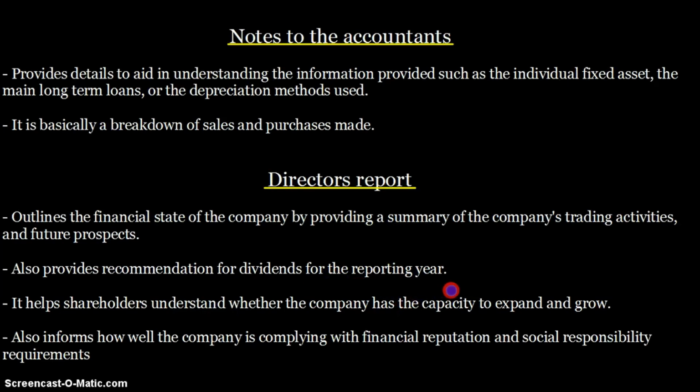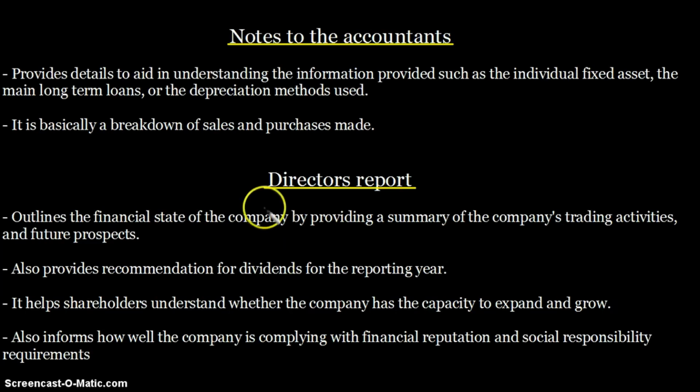It tells you how much dividend they want to give to their shareholders, and helps shareholders understand whether the company has the capacity to expand and grow. So it tells them if it is worth further investing, or they should just sell their shares and move on to some other company. And it also informs how well the company is complying with financial regulation and social responsibility requirements. It tells you if the business is complying with laws and all other stuff.